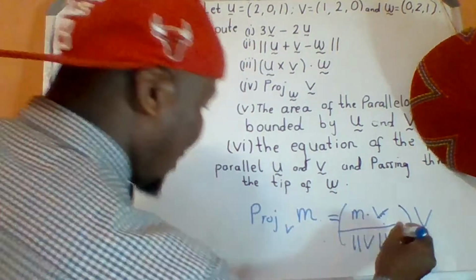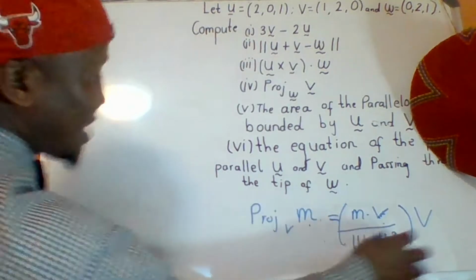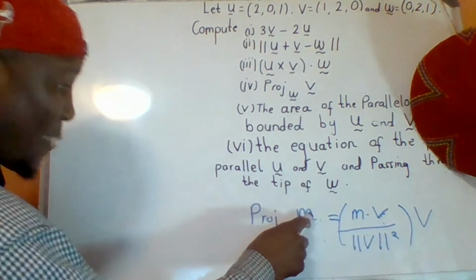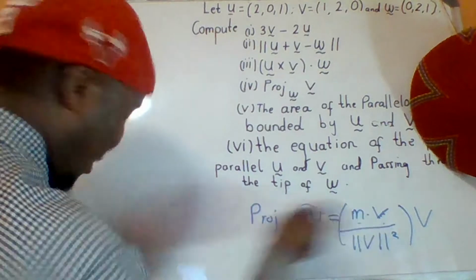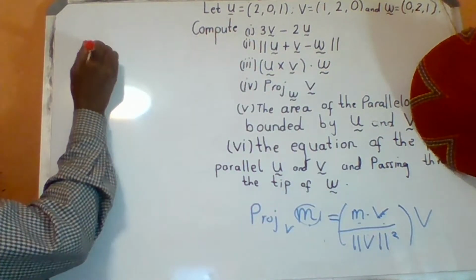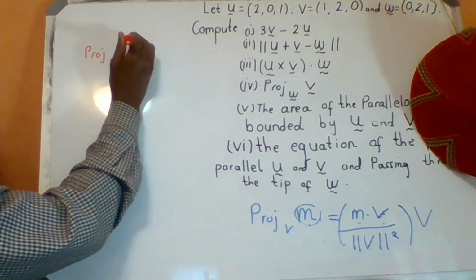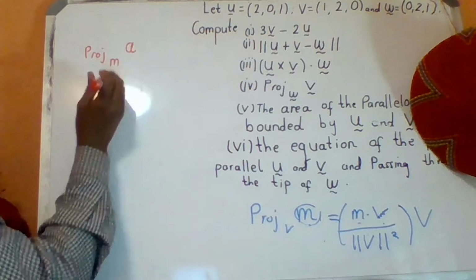So what you do is take this, dot this, and then over, okay, I'll say it again. At the denominator you have to find the magnitude of this, but it has to be squared also. Excuse me, I forgot. And the same thing on top, and then dot this. I'll say it again.